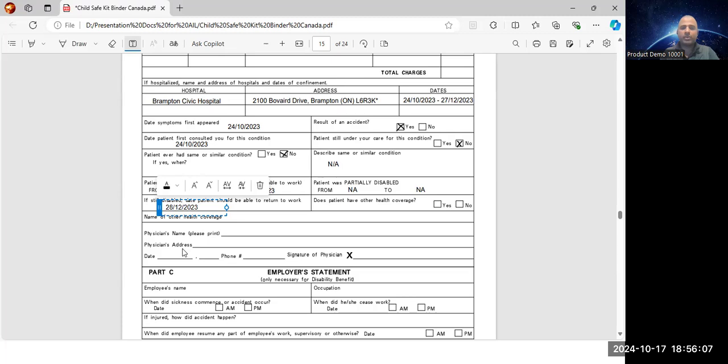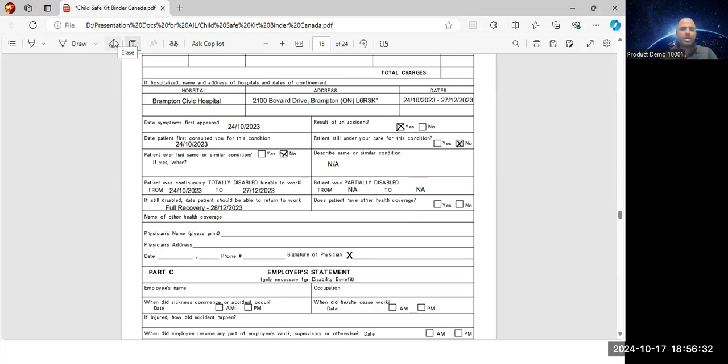Okay, for recovery, or you can say, okay, 28th December, 2023. Okay, does the patient have any other health coverage? Okay, so when it comes to health coverage, we're talking about group policies, we're talking about individual disability plan, we're talking about extended health care, Medicare, so on and so forth.